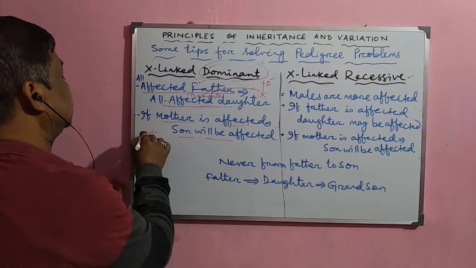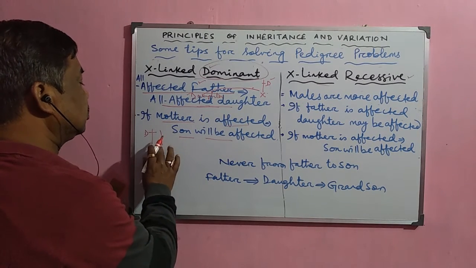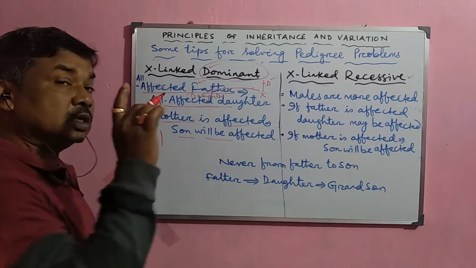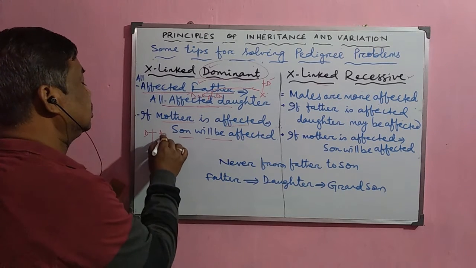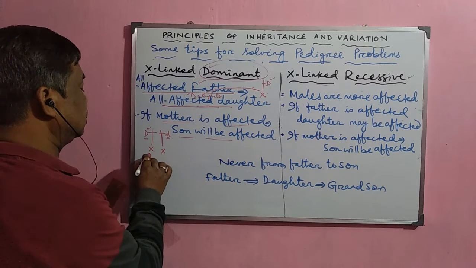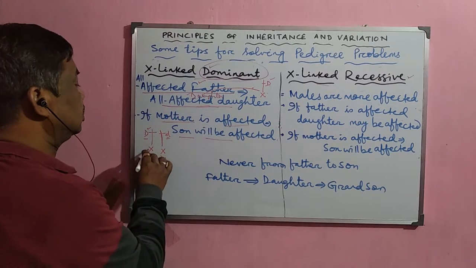Suppose there is a dominant gene here, and another recessive gene also in the mother, because if it is in the heterozygous condition, it will still be expressed. Whether it is capital D with small d, or both are dominant, it will be expressed.